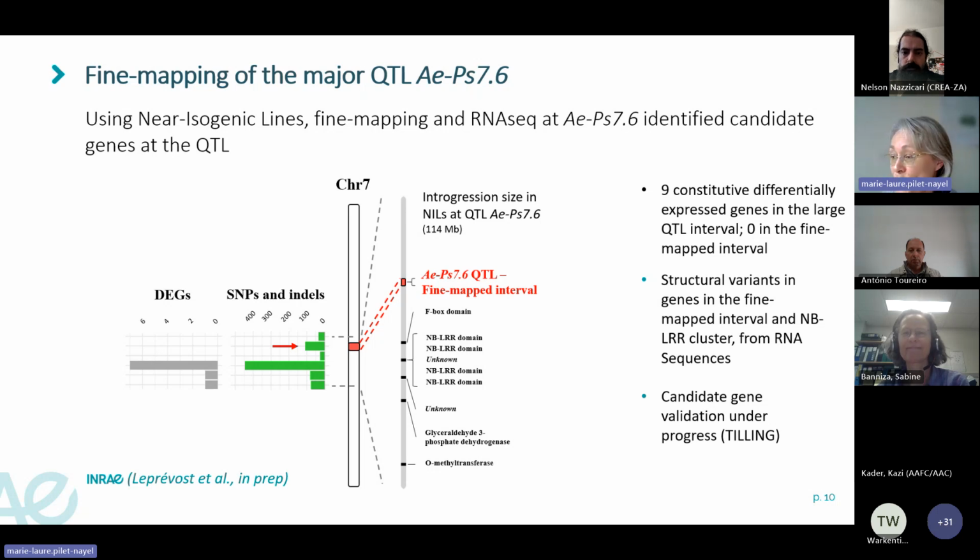But moreover, we have a risk that the pathogen population could be filtered. The most aggressive isolates could be selected by these varieties, and then the Aphanomyces euteiches populations could evolve towards more aggressivity.